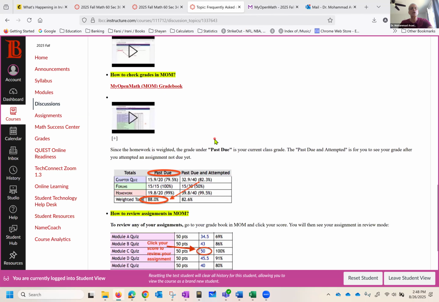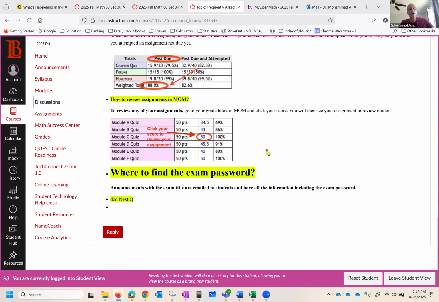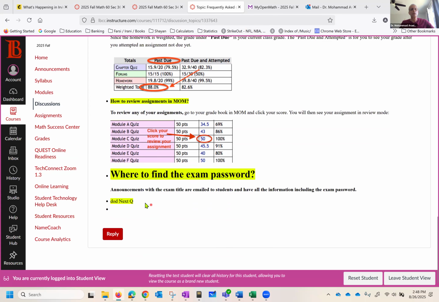How to check your grade in MOM. Remember, when you do your work in MOM, you receive your grade right then and there. I will put, for example, exam grades immediately after in Canvas. One other question that we come across, and I'm surprised, is where to find the exam passport.